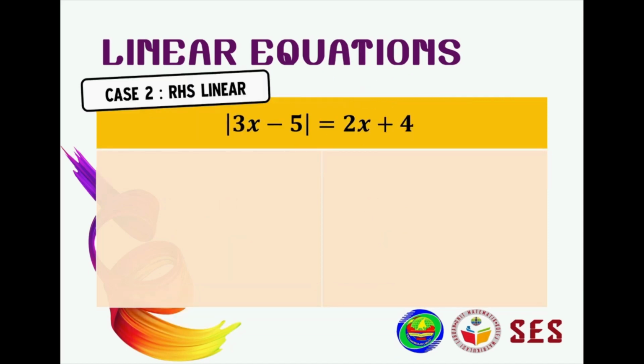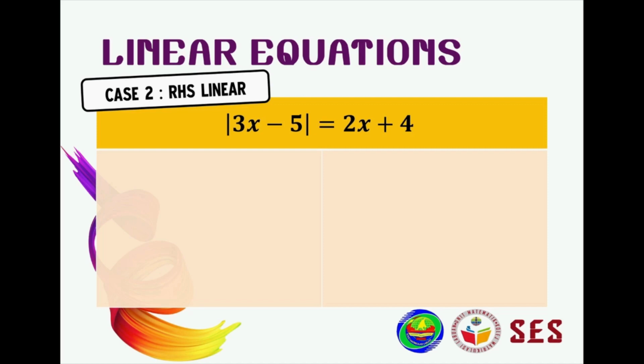Moving on to my second case here, where after I rearrange, leaving only modulus on the left hand side, I have a linear function, or I have a function with x to the power 1 on my right hand side.